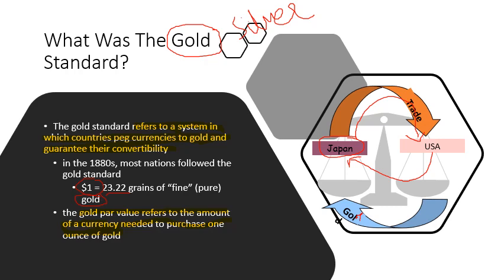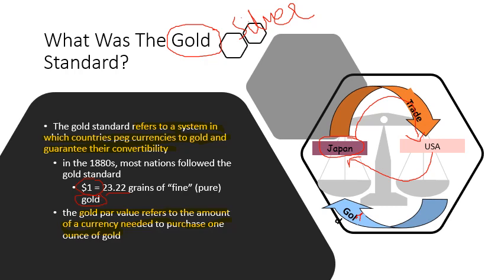This means that whoever holds 1 US dollar is actually holding a value of 23.22 grains of gold. Now, if we convert it to the actual value of gold, in this case 20.67 US dollars were equal to 1 ounce of gold.